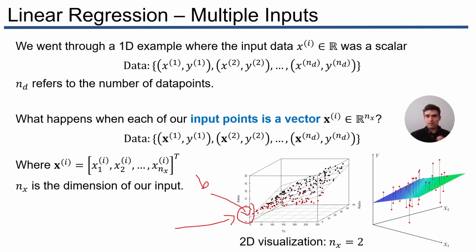But now I will have one slope per dimension. So I will have this slope, which I'm going to call m1, maybe this is the square meters. But then I'm going to have a second slope, which I'm going to call m2, because this is the number of windows. I'm going to have one slope per dimension of the input, or one slope per descriptor.